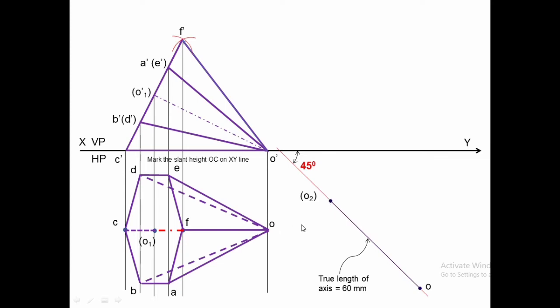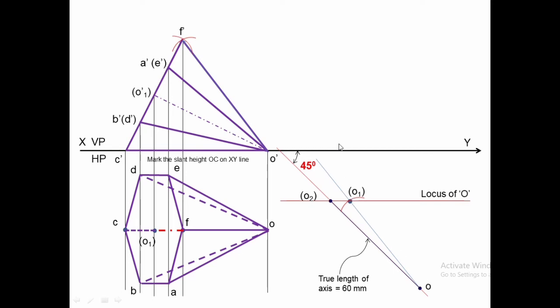Draw a horizontal line parallel to VP at O2, which is called locus of O. Onto this one, you take the length equal to O1 with O as center, draw an arc on the locus to get O1. O is the center, apparent length is O1, you are going to draw an arc.